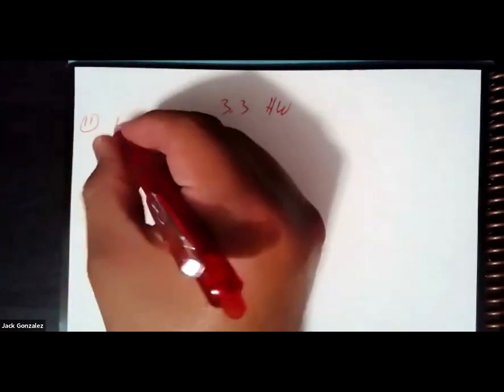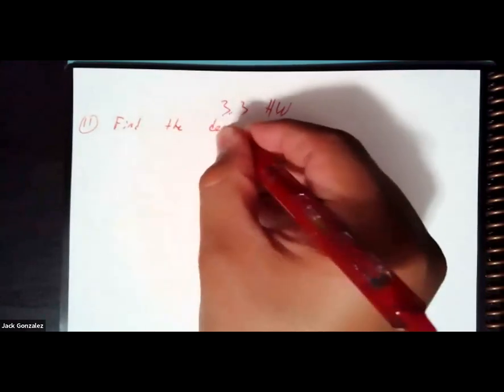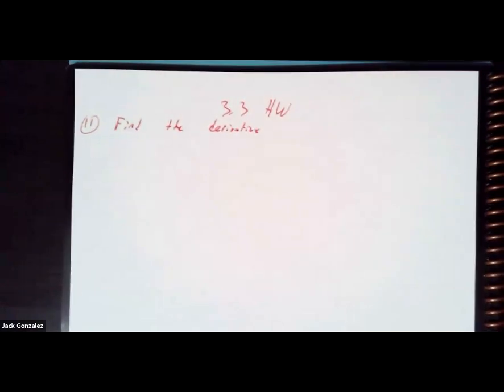Okay, so this is homework number 11. Find the derivative. Let's see here.